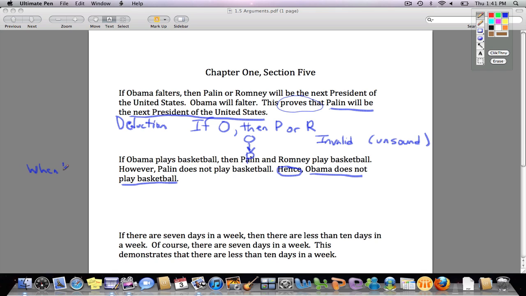It's one of our rules. When the conclusion necessarily follows, we're always going to say valid. It's sort of a matter of giving the argument its due. Such an argument always counts as valid.